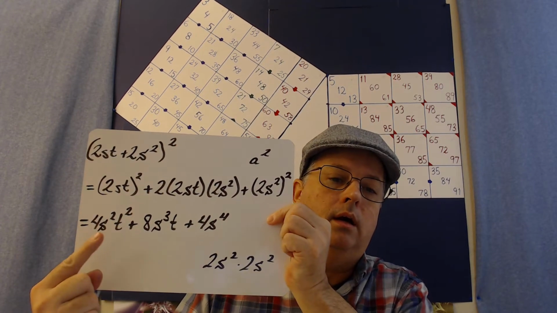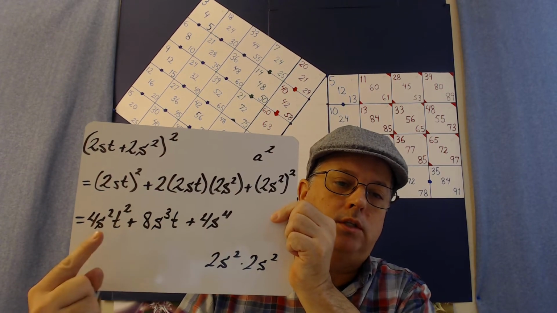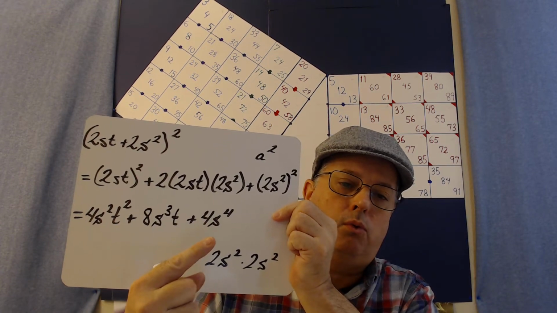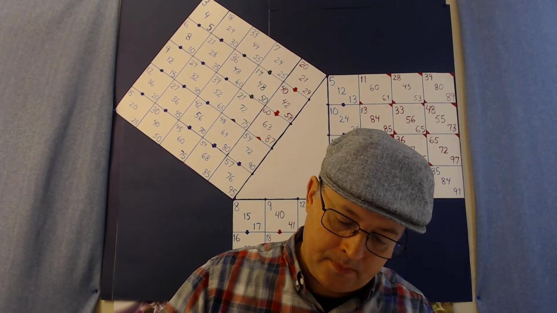And when we did the a expression squared, we arrived at 4s squared t squared plus 8s to the third plus 4s to the fourth. And so that's like that. Let's write that down here.